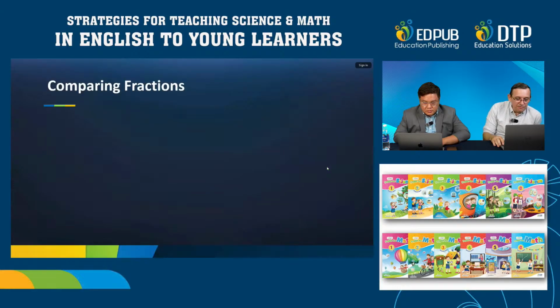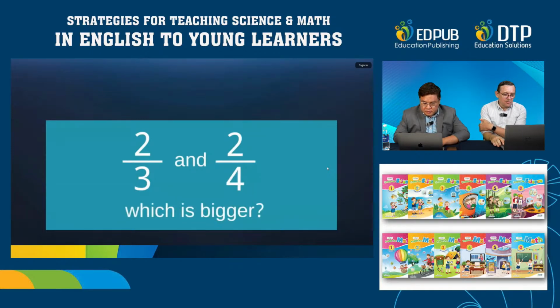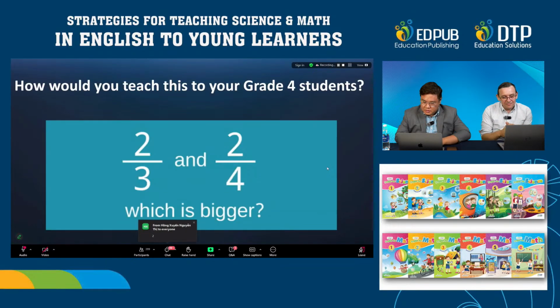So let's have a look at comparing fractions. We've got 2 fractions here. We've got 2/3 and 2/4. If you're teaching this to grade 4 students, which is bigger? Which of these is bigger, 2/3 or 2/4?